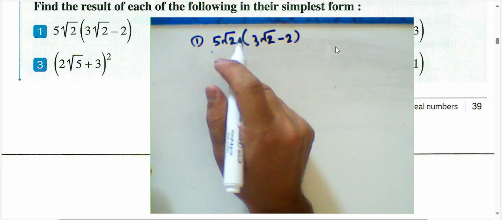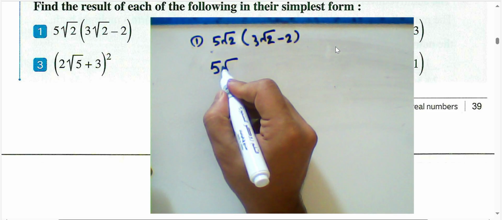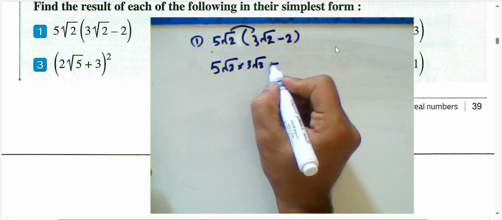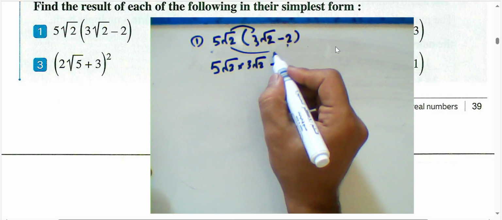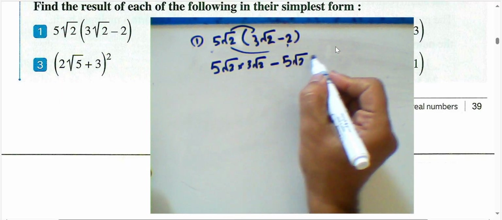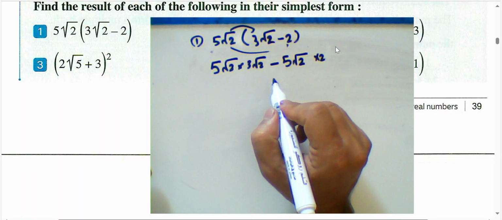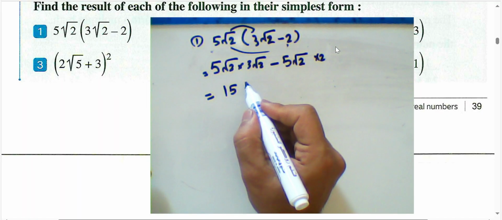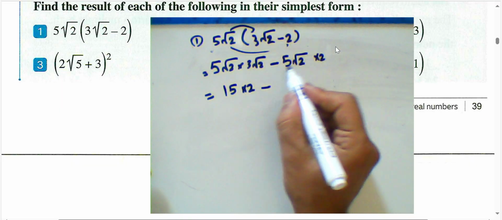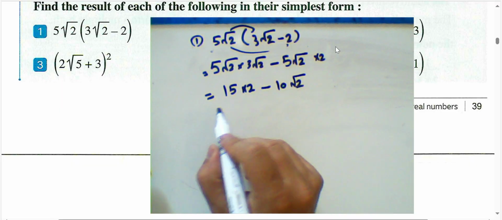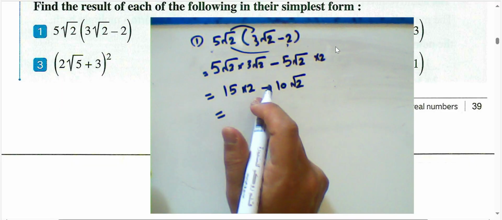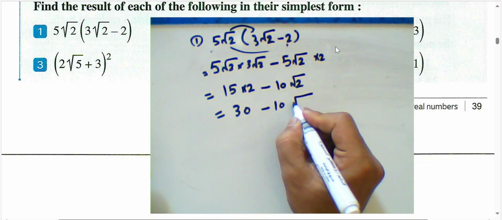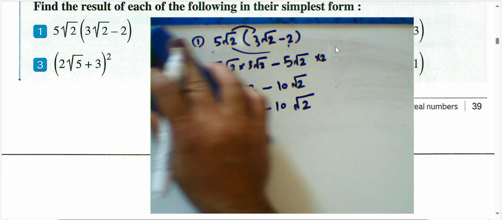You can use distributive properties: write 5 root 2 times 3 root 2, then subtract, and then write 5 root 2 times 2. Okay, 5 times 3 equals 15, and root 2 times root 2 equals 2, so 15 times 2 equals 30. Then 5 times 2 equals 10. Then the result will be 30 subtract 10 root 2. Okay, that is the answer to this question.